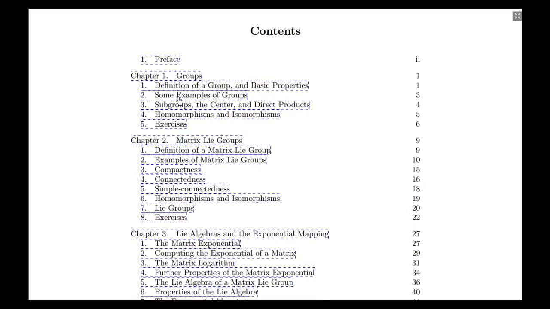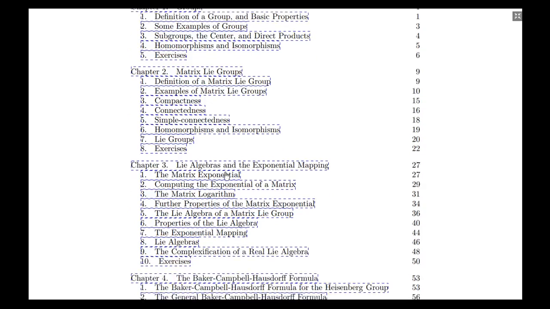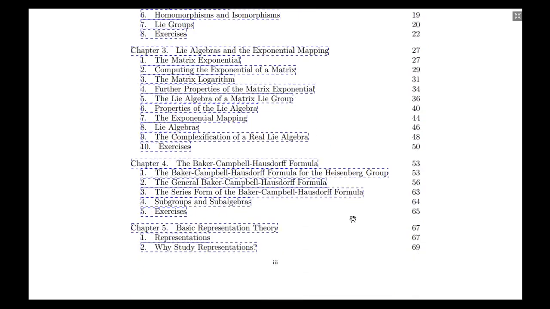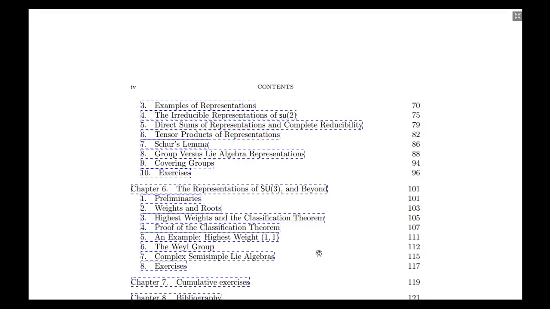And it jumps to the matrix Lie group, the definition of the matrix Lie group and some examples, and the concepts from topology applied to the Lie group like compactness, etc. Then it begins with Lie algebra and the exponential maps. And we have some basics of representation theory concepts here also, so you can see examples of representation, the irreducible representation, etc. Direct sum, which we had a look at in the representation.